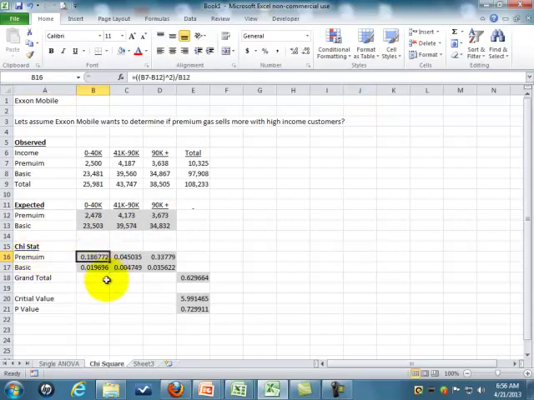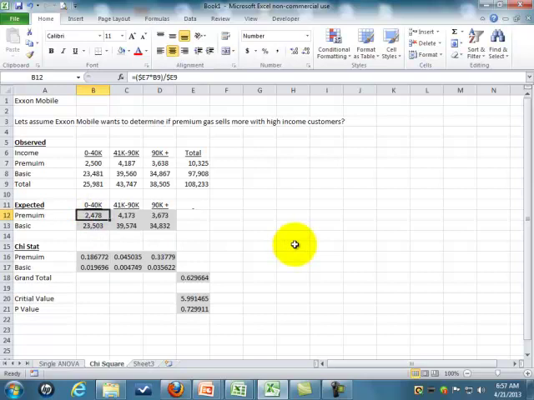Here we calculated the chi-stat, which is very much like your F-stat or your T-stat. And what we did is we compared how many people actually bought it minus how many we expected to buy it. We squared that number, so we got a positive number, and we divided it by what we expected.